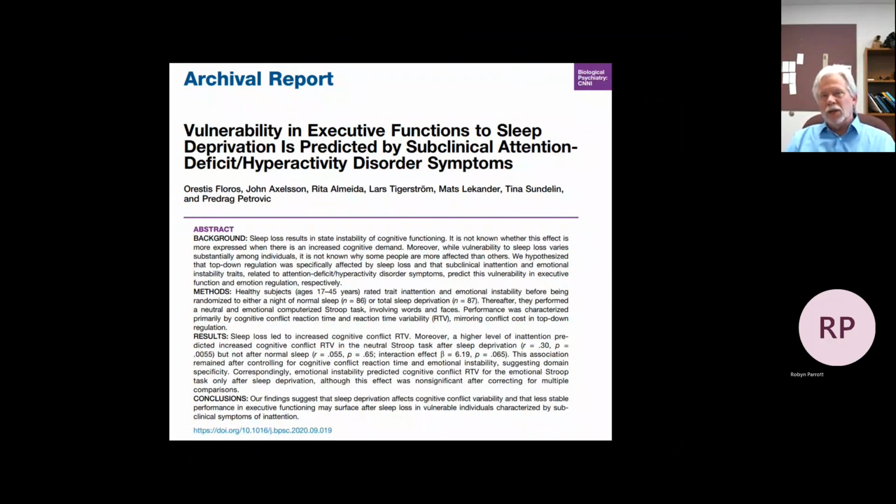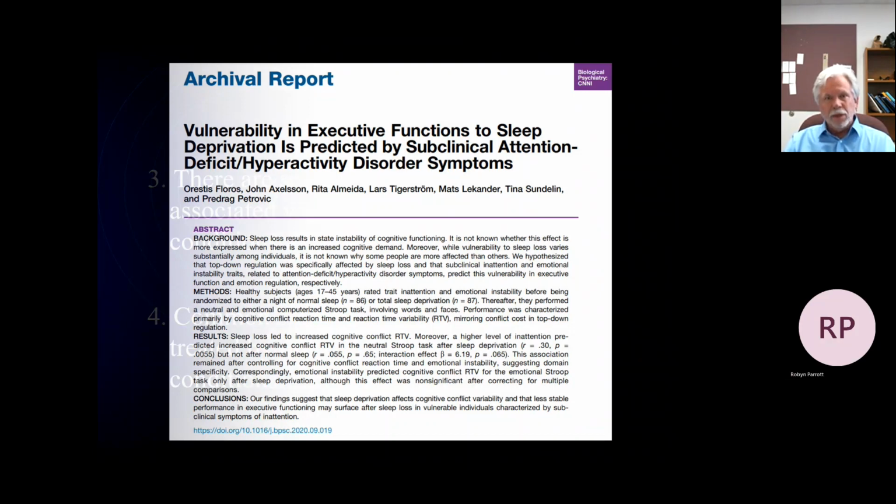What it shows is that their cognitive capabilities are more susceptible to sleep deprivation, at the same degree of sleep deprivation, than those that do not have a developmental disability, specifically ADHD. The point is that these kids need to have extra protection to ensure that their sleep is adequate, because the consequences can be more dramatic for them.